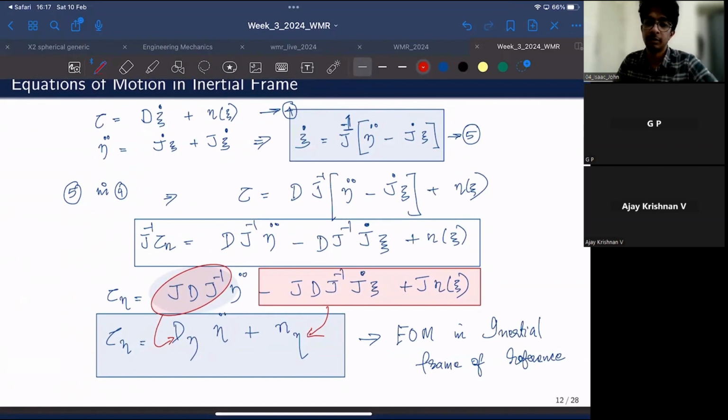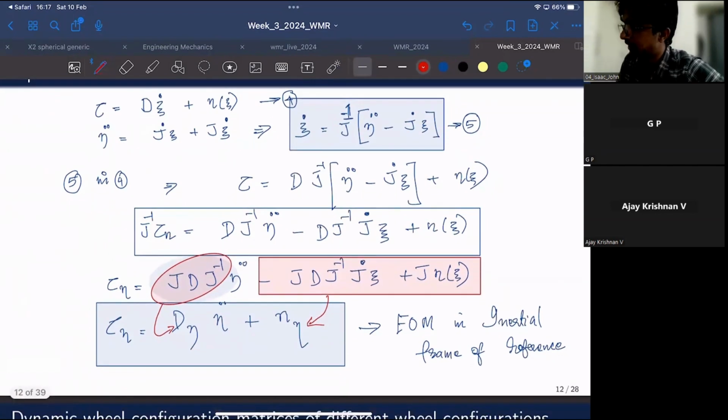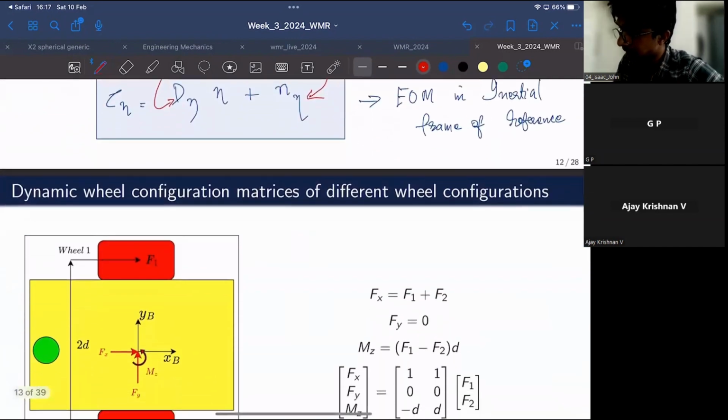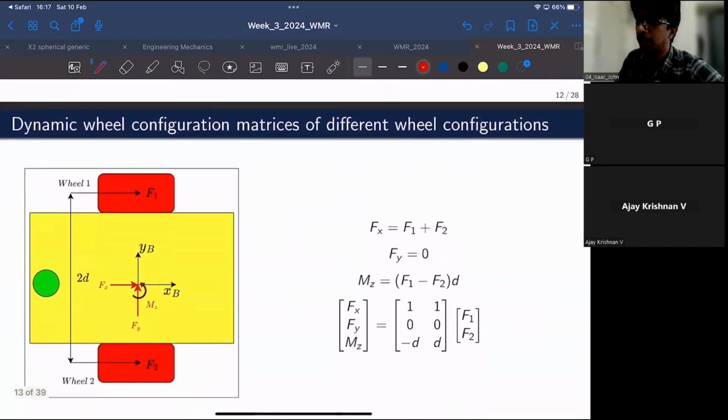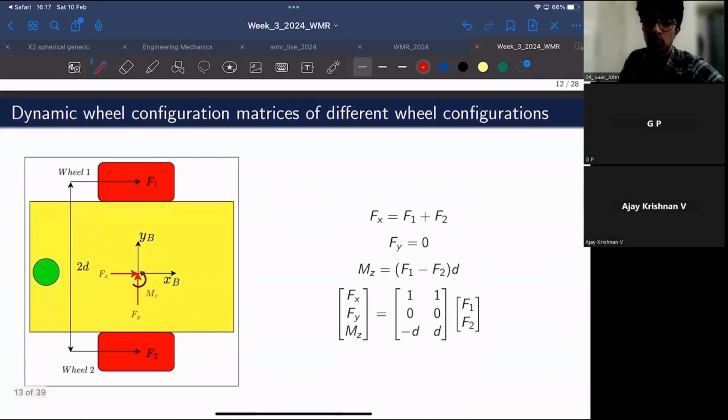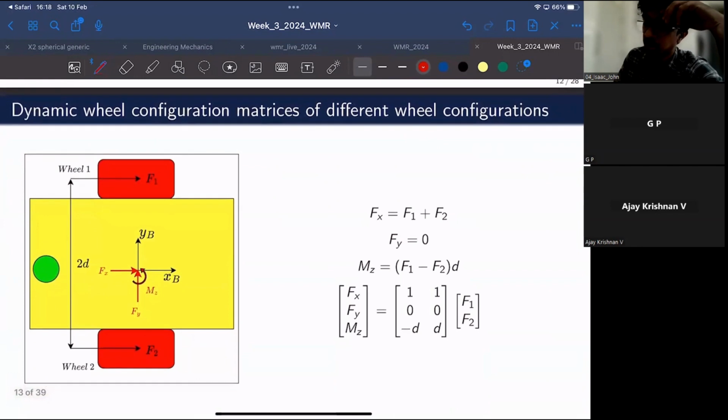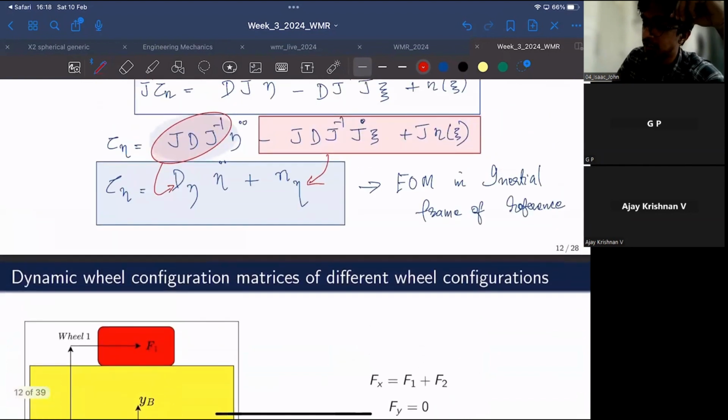And as you can see, it is more convenient to derive everything in the body frame of reference and transform it back to the inertial frame of reference if necessary. So far we are only dealing with the forces and moments about a frame of reference. Everything was derived with respect to the body frame, and we have also seen how it will look if we transform everything back to the inertial frame.